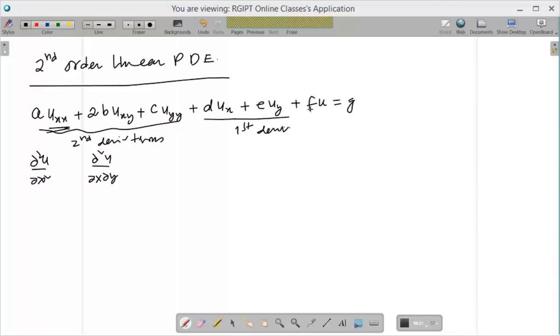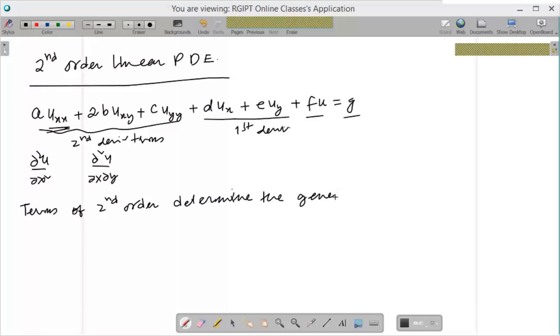And this is of course not a derivative term. This is a function itself. This is a constant, meaning not dependent on the function. It can be functions of x and y, but it does not depend on the dependent variable. So it turns out that the terms of second order derivative determine the general nature of the solution.